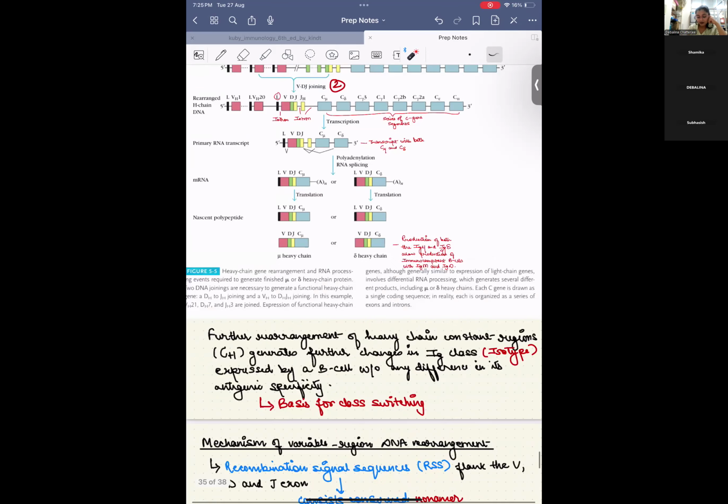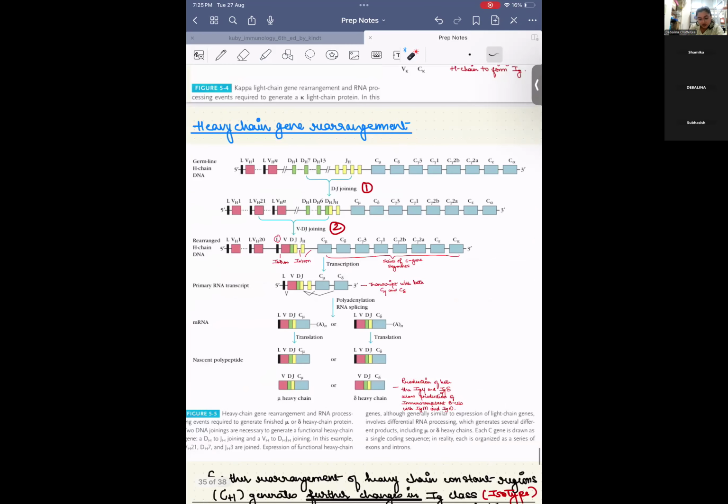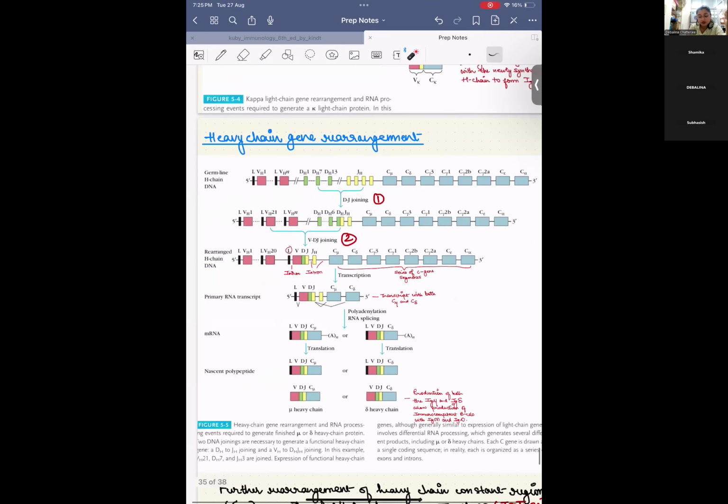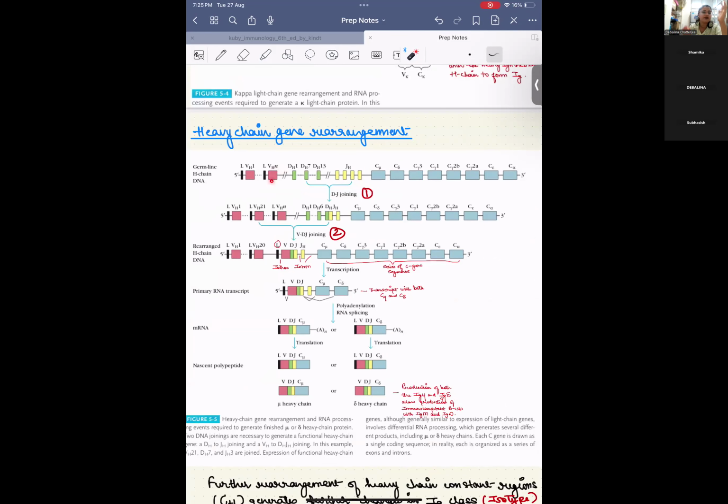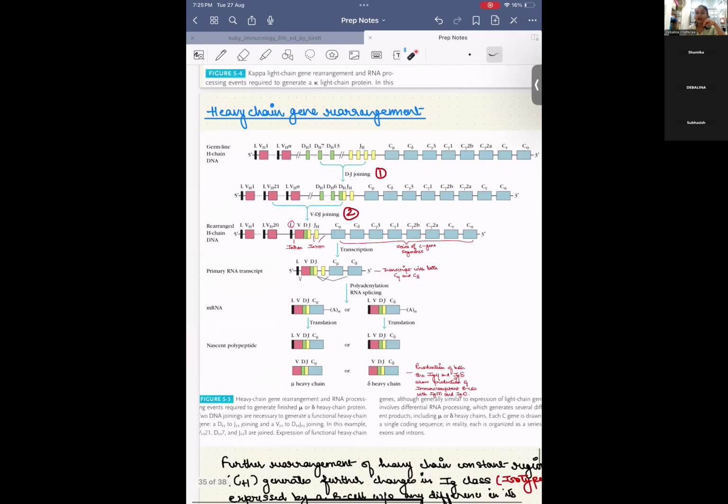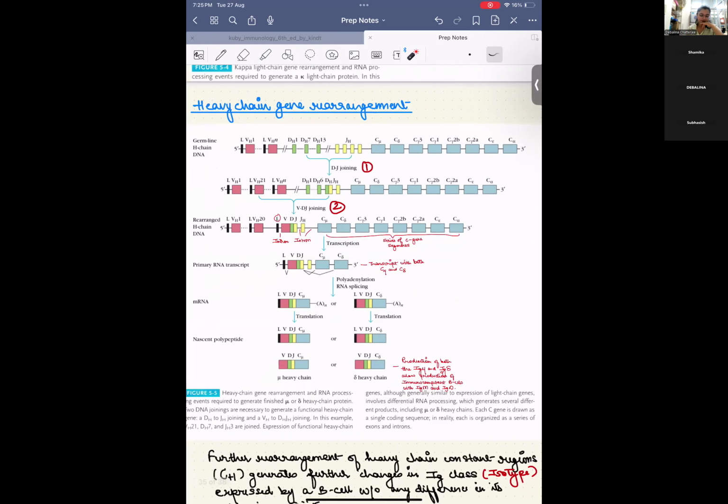The leader sequence is only upstream of the variable region, because when a V combines with D, J or whatever, ultimately the 5' end is going to have this leader sequence. It is required to enter the endoplasmic reticulum. It is not going to guide the recombination.